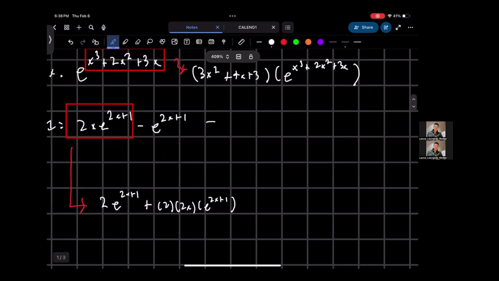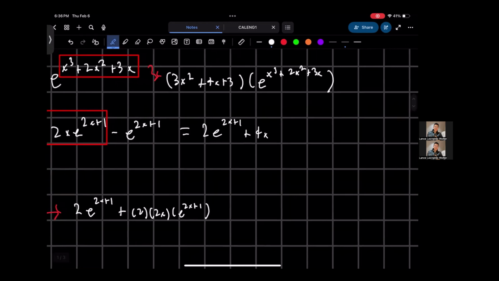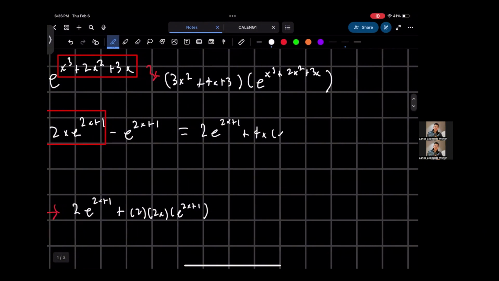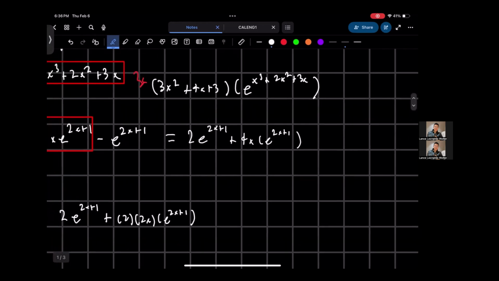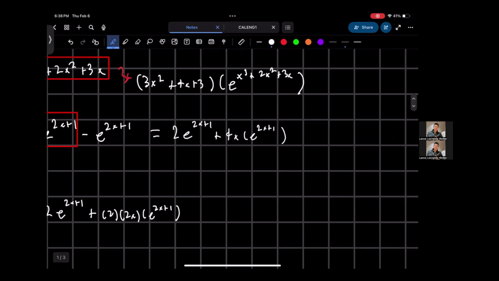So let's just put that back now in our parent function. So 2 e raised to 2x plus 1 plus 4x. Okay, so I just multiplied the 2 times 2x times e raised to 2x plus 1. Now we just get the derivative of this one, which is just going to be negative 2 e raised to 2x plus 1.